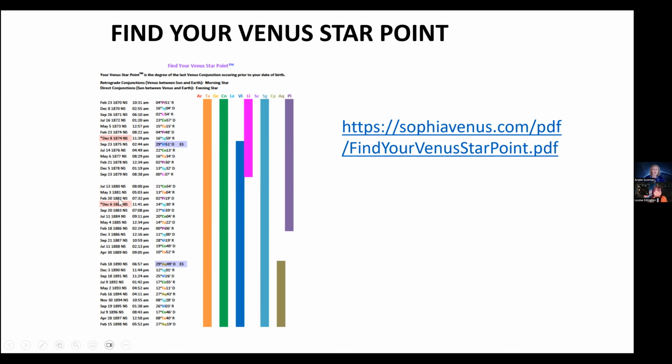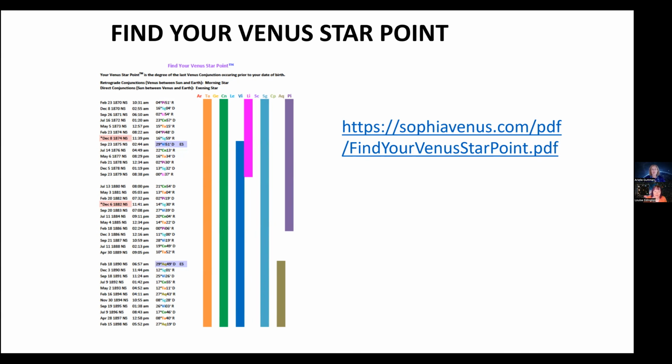And what you're going to see is all these dates, but typically you're going to be born between two of these dates. You're probably not going to be born exactly on one of them, because these dates are separated by 9.5 months. There's only a Venus star cazimi every 9.5 months.